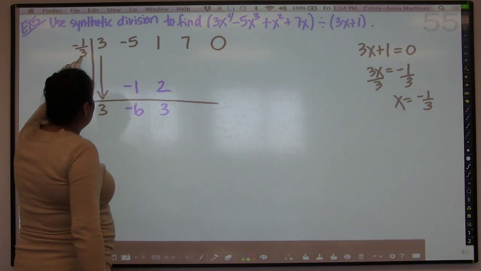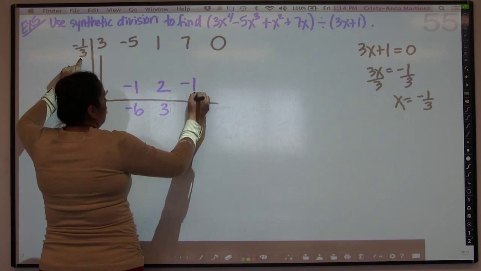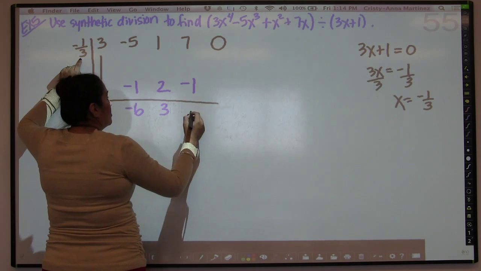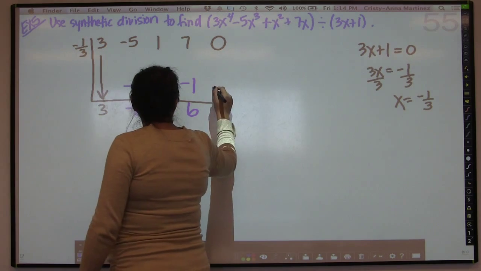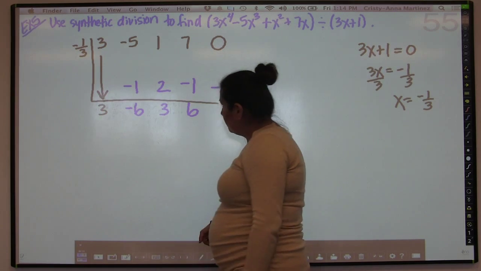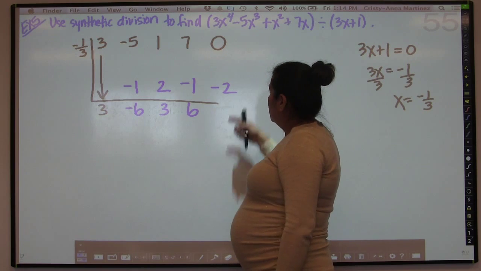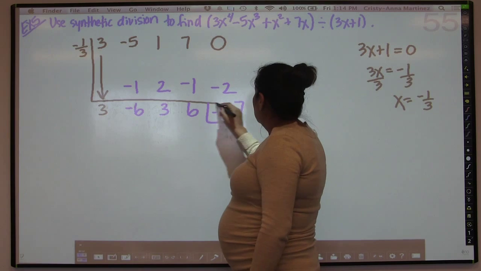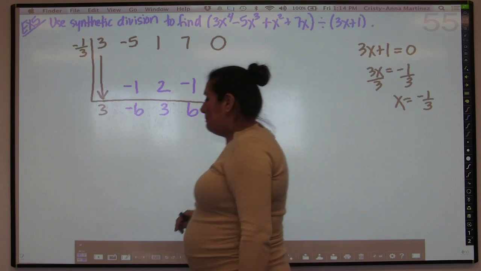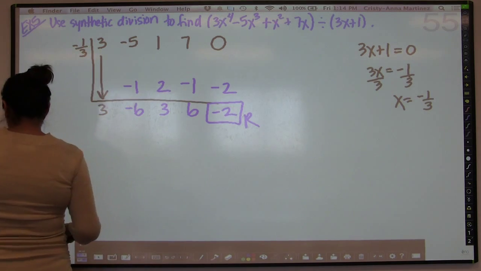And then 3 times negative 1/3 is going to be negative 1. Vertically 7 and negative 1 is going to be 6. And then 6 and negative 1/3 is going to be negative 2. And then vertically 0 and negative 2 is negative 2. So this time I do have a remainder, and my remainder is negative 2.